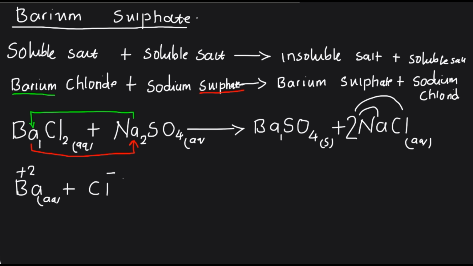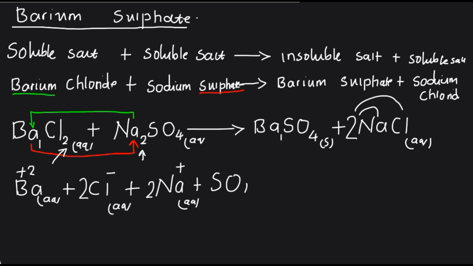Chlorine has a valence of 1, aqueous. So these two here should be written in front. Plus, sodium has a valence of 1. Also these two here must be put in front. Plus SO4 in aqueous, minus 2.